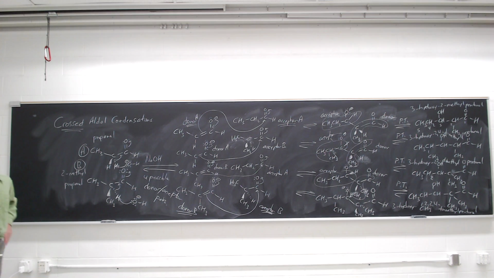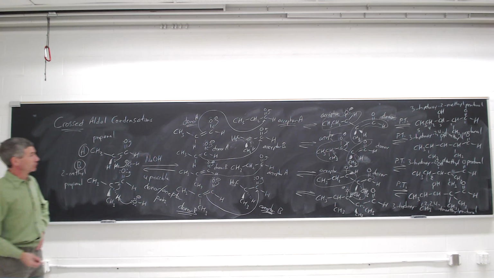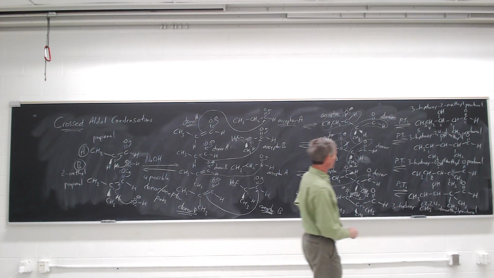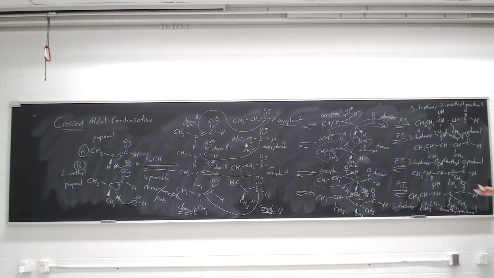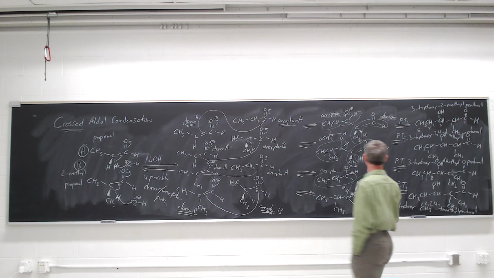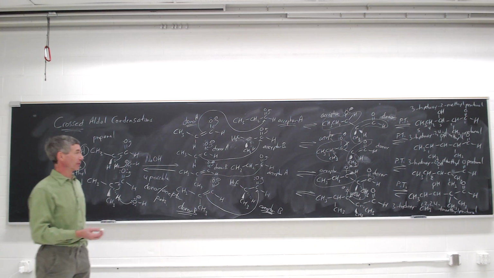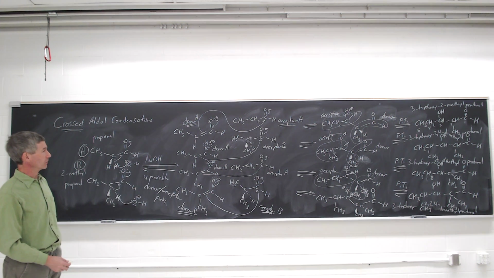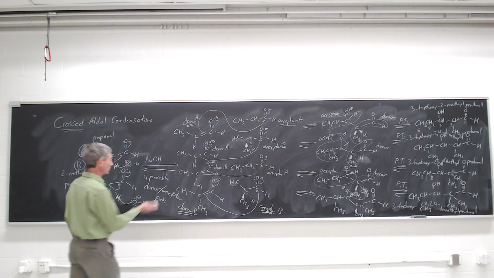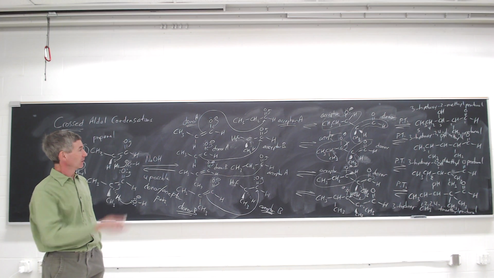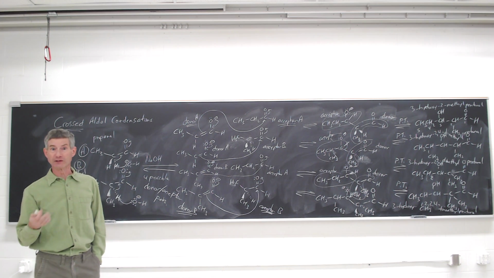And if it was this messy to write it out, you can imagine how messy it would be actually getting all four of those products and then having to try to fish them apart. They're not going to have very different characteristics in terms of ability to separate them by boiling point or by chromatography columns. The fact that there are four possible combinations of donor and acceptor yielding four possible products makes this synthetically completely useless.